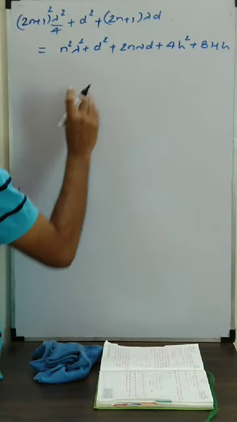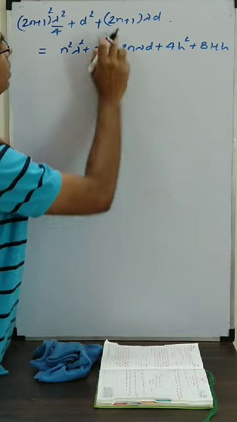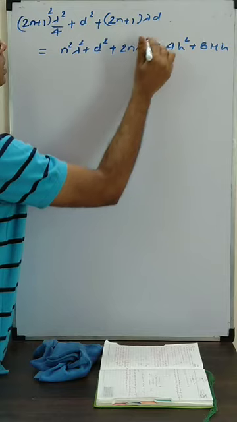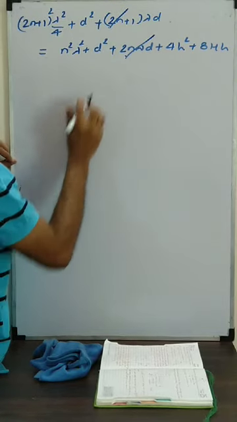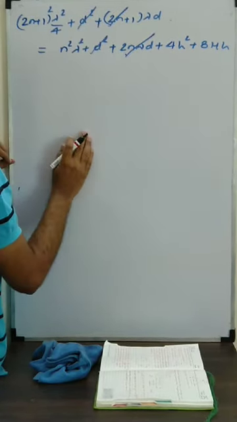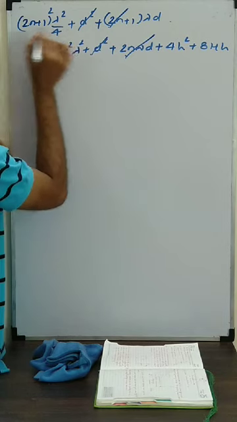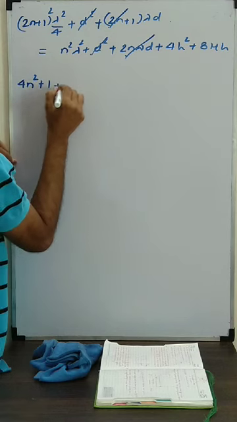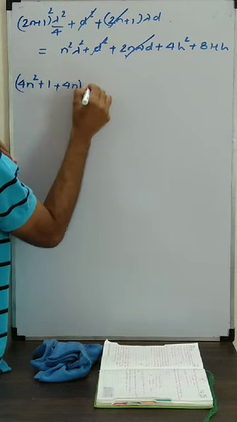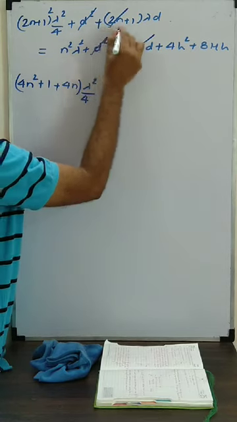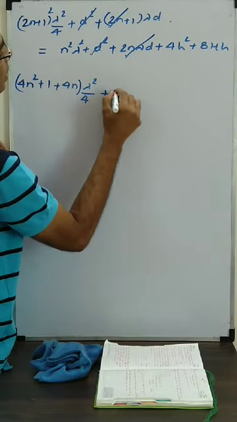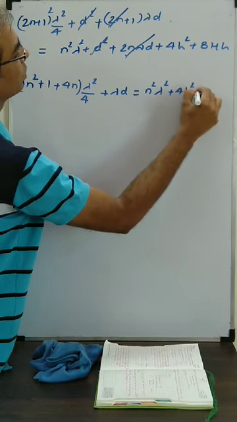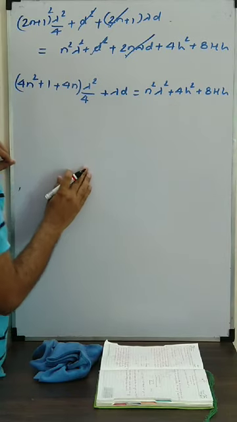Now anything we can cancel, we'll cancel. 2n lambda d is here, 2n lambda d is here, let's cancel that. d square is here, d square is here, cancel it. Alright, so what is remaining? Now this we square also: (4n square plus 1 plus 4n) into lambda square by 4 plus lambda d equal to n square lambda square plus 4h square plus 8h into h.